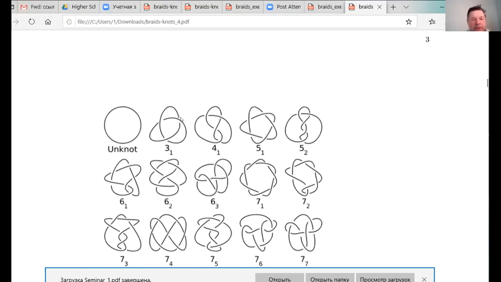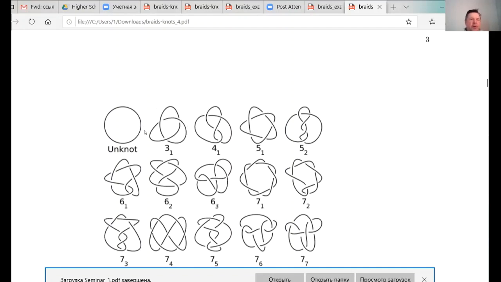But again, if you change to the mirror image, you will have another knot. It's true for every knot, no? Even the next one? Very good question. It means that for every knot you can construct its mirror image.